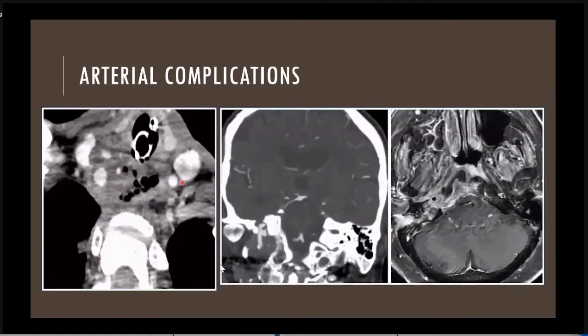The only way to tell them apart is on follow-up imaging, where the artery will be back to normal in vasospasm. Another complication is pseudoaneurysm, as seen in this example of pseudoaneurysm in the carotid artery at the skull base. This was a complication of skull base osteomyelitis with abscess in the prevertebral muscles.